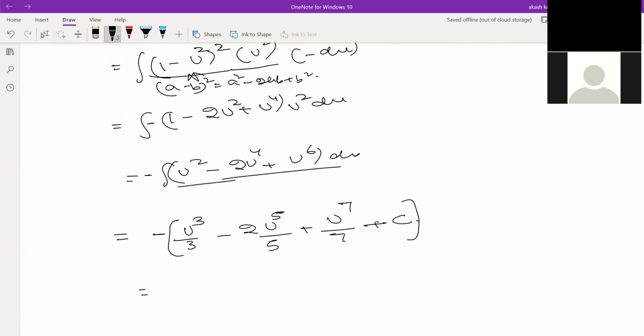Okay, what if we have a huge number, let's say sine to the power of 16 and then cos to the power of 5? If we have something like this, sine raised to the power 16 x and cos to the power 5, I need my sine in terms of sine square x.